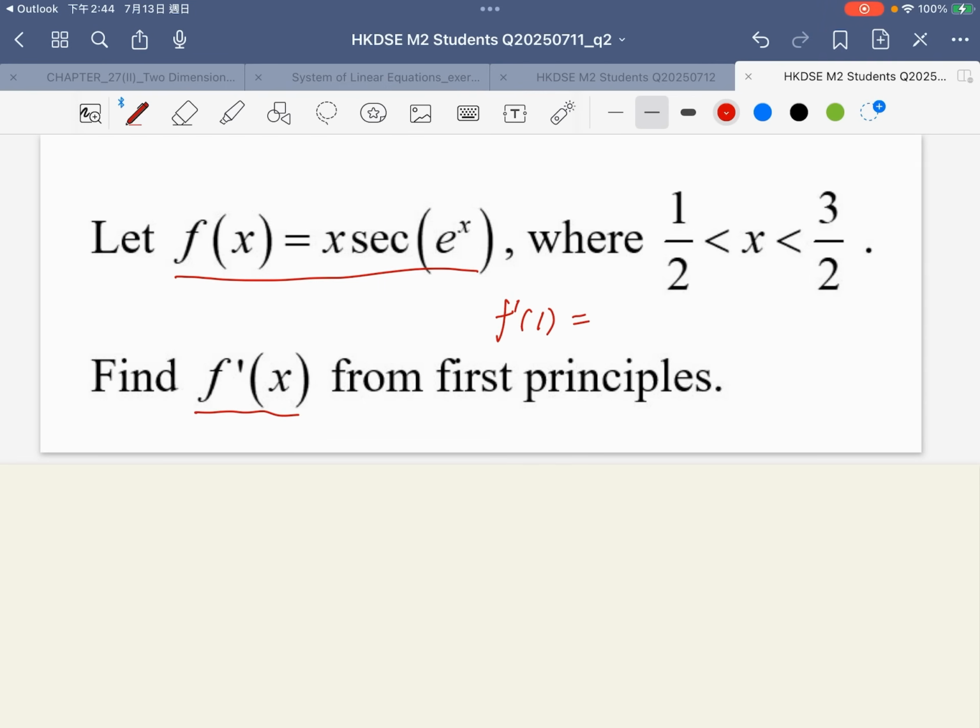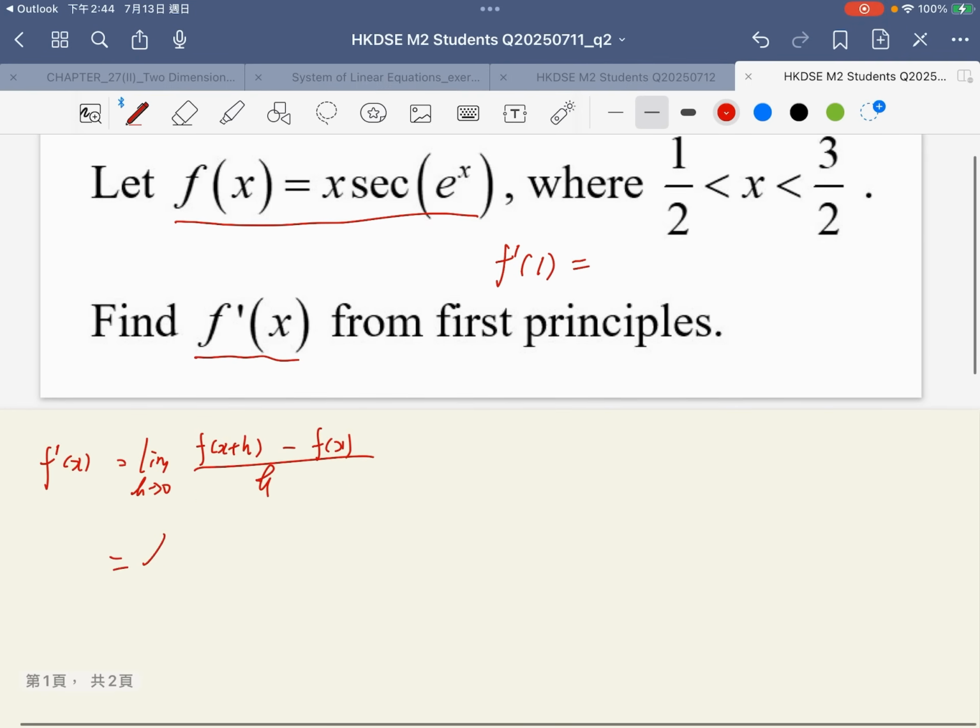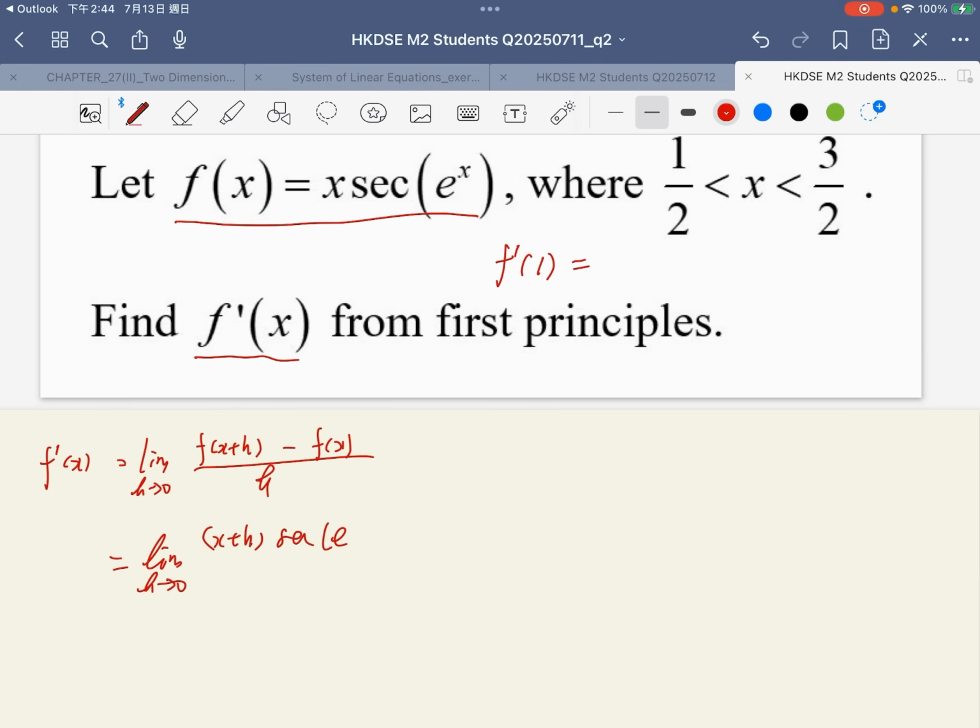Let's start. For the definition of first principle, that is limit h tend to 0, f(x+h) minus f(x) over h. So exciting question here. (x+h) secant e^(x+h) minus x secant e^x over h.